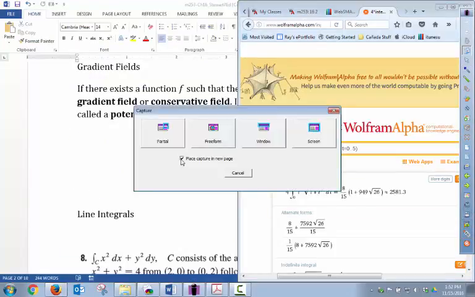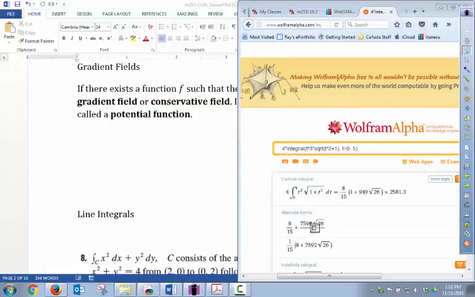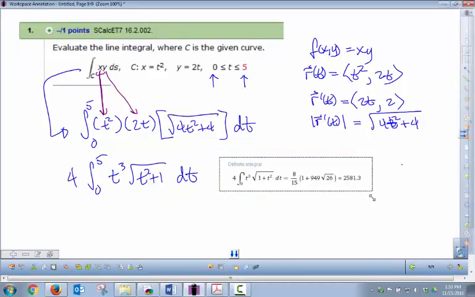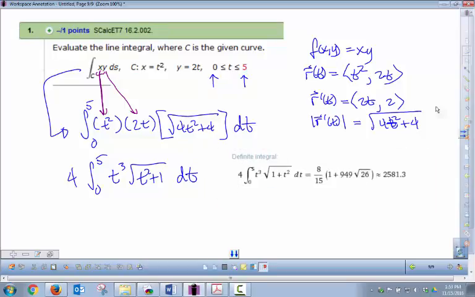Because of the arc length business, these integrals are usually going to have a square root of something that's not very nice looking in there. So a lot of times you'd want to get used to being able to punch stuff into Wolfram Alpha or even your own handheld calculator.